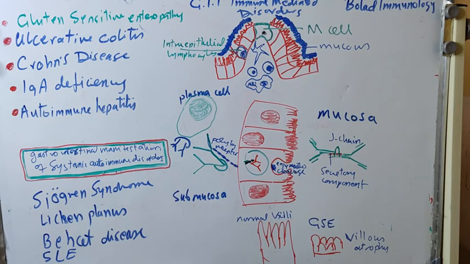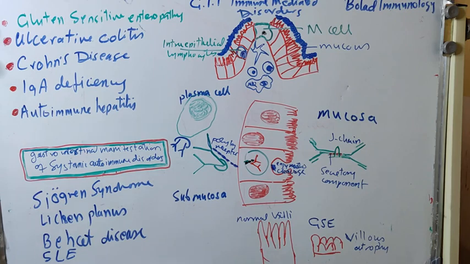But however, in case of Crohn's disease, the disease could be due to immune attack on the commensal bacteria, and this may lead to inflammation, ulceration of the G.I.T and thickening of the G.I.T wall.